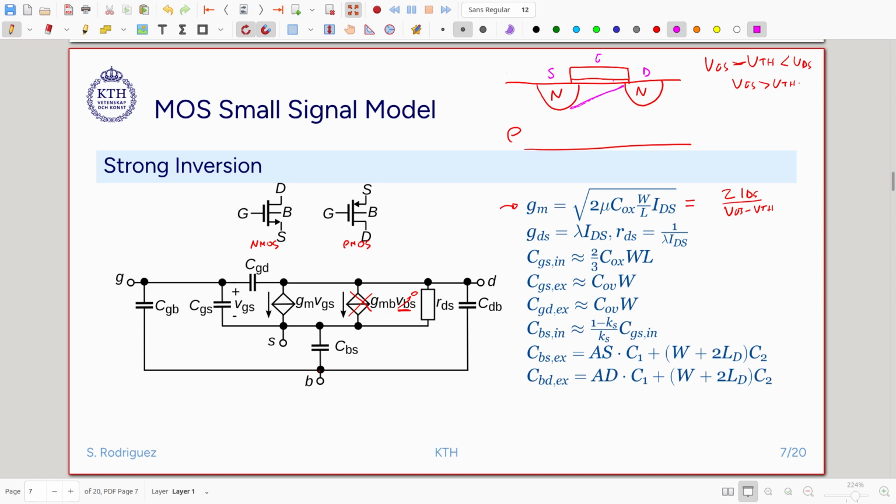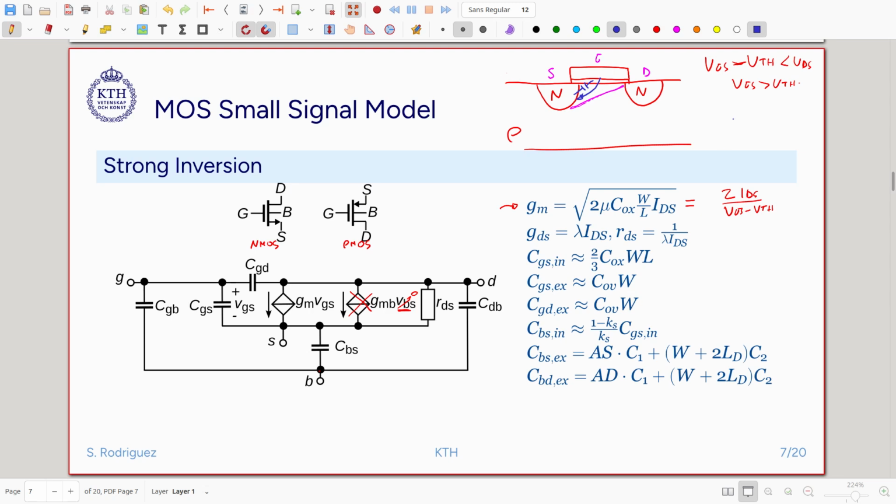Interesting for us right now is that there will be capacitances that are intrinsic to this channel. There is a capacitance that is formed between the gate and the source.